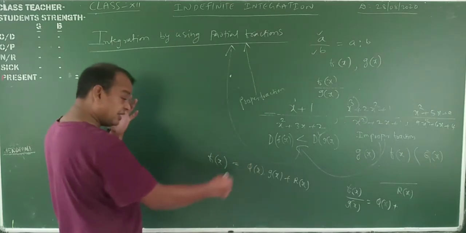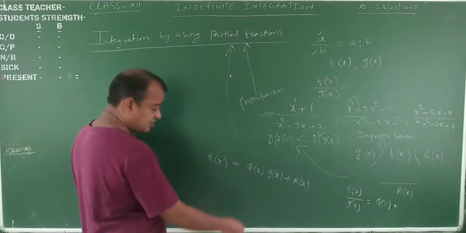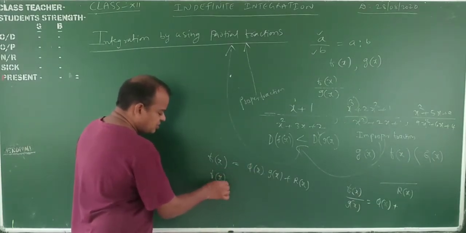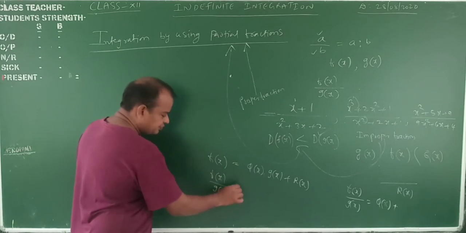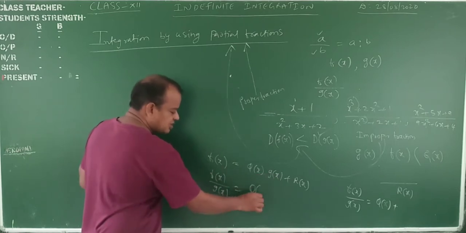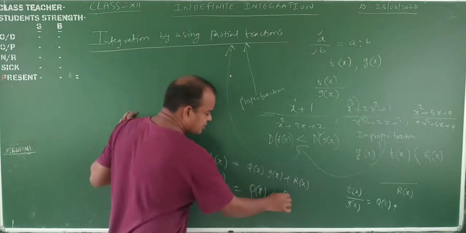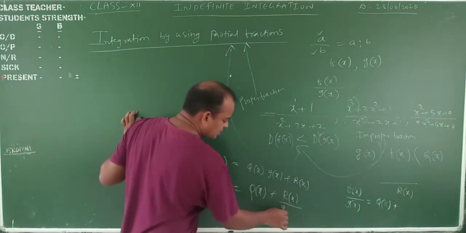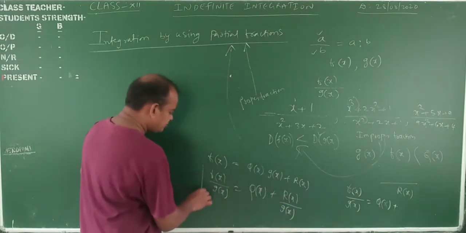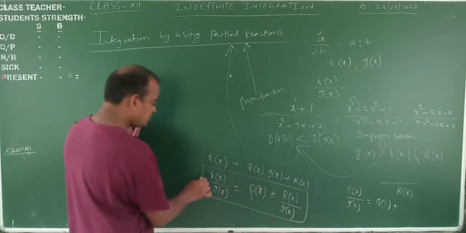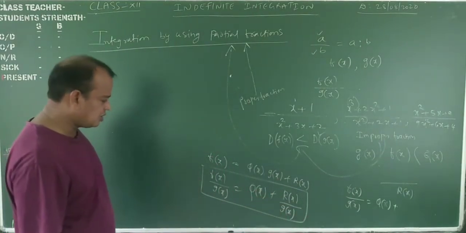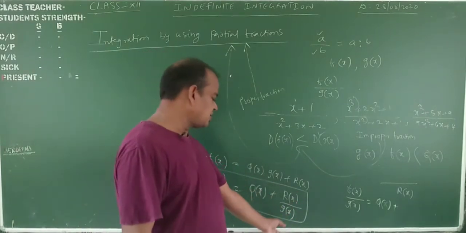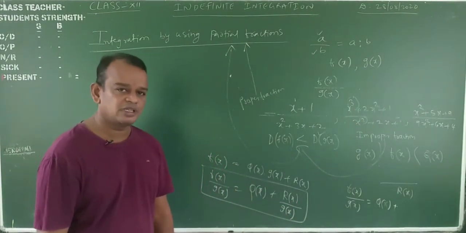But we divide totally by g of x. Now, f of x by g of x is equal to, g of x cancels, this is the quotient plus r of x by g of x. Okay, my dear students. f of x by g of x is equal to q of x plus r of x by g of x. You remember this one.